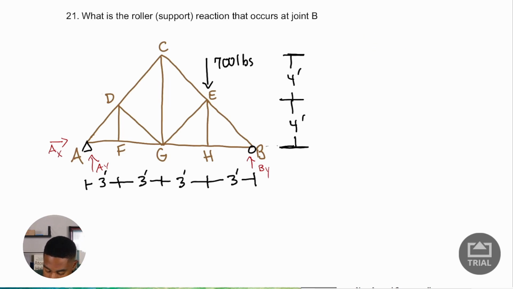So what we want to do is take a moment at A, so that gets rid of AX and AY. So we'd have the sum of the moment is equal to a negative 700 times its distance of 9 plus a BY times the distance of 12. And so when we solve, we get BY is equal to 525 pounds. All right, so not too bad there.